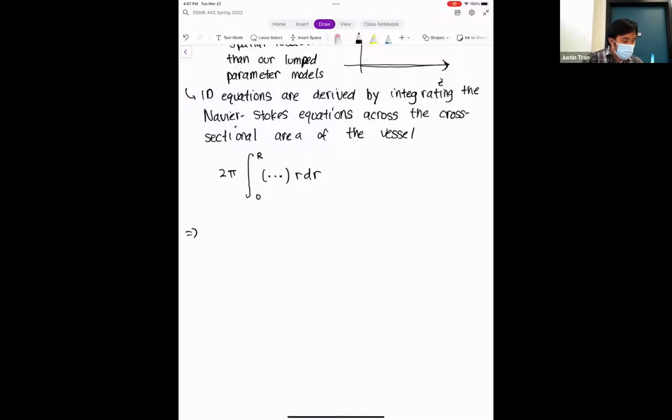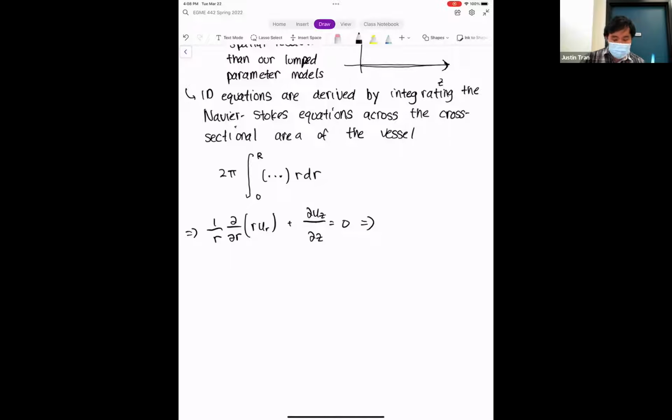And so the conservation of mass, if you recall, let me bring it back up here. The conservation of mass is given by the equation 1 over r partial r of r u r, plus partial uz partial z equals 0.